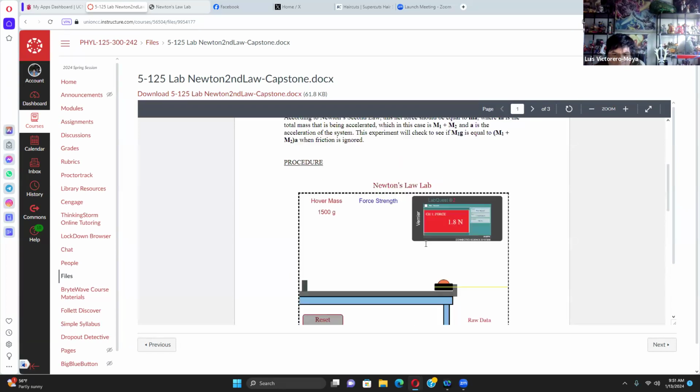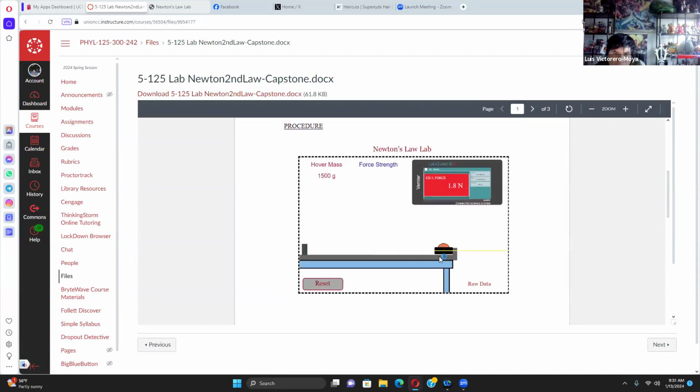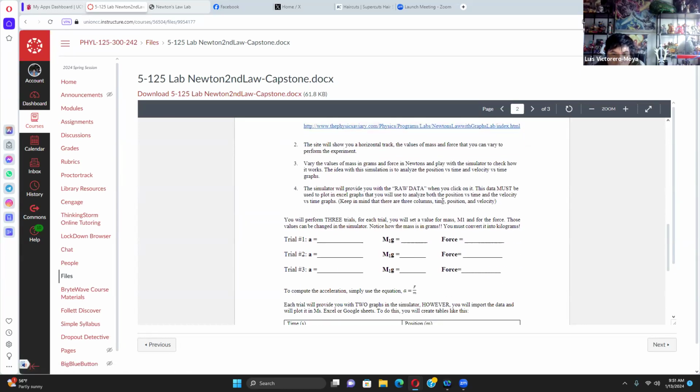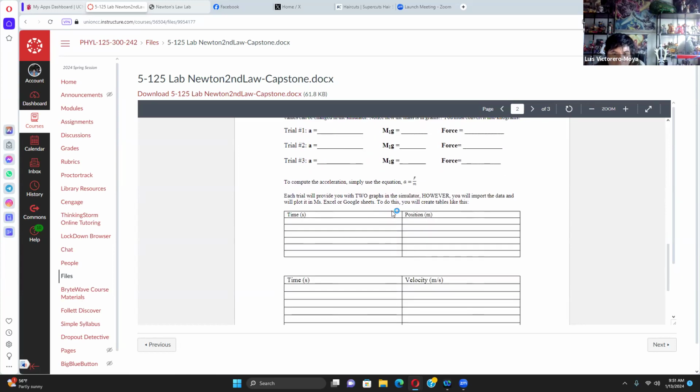Now, you're gonna be able to change the mass of this hover mass. You're gonna be able to change the strength of the force, and you're gonna be able to calculate the acceleration theoretically with those values. Keep in mind that you're gonna have to do some unit transformations here from grams to kilograms, get the forces in newtons to get the right value of acceleration in meters per second squared.